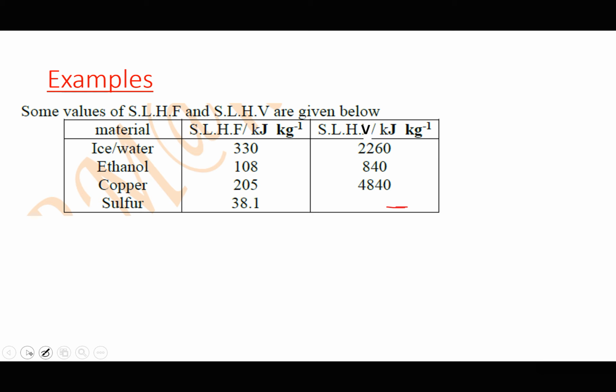Some of them could be of use, so we need to note them where necessary. Now you notice that there is no value for sulfur here. You may find out why there is no value for sulfur.